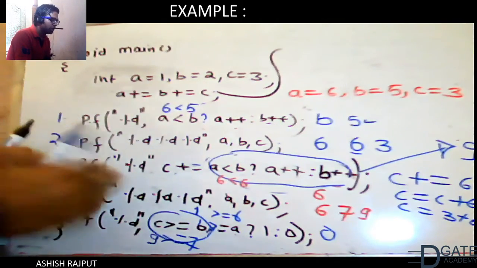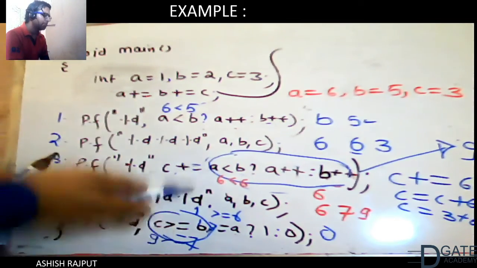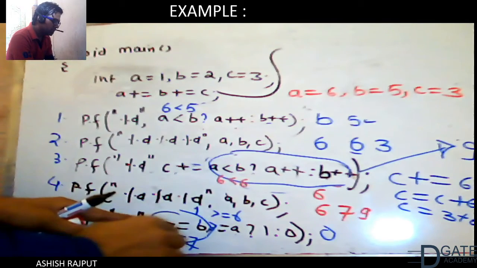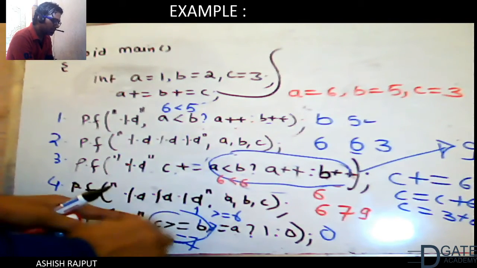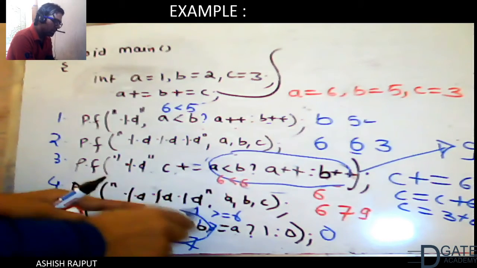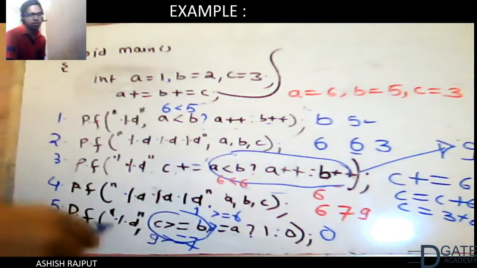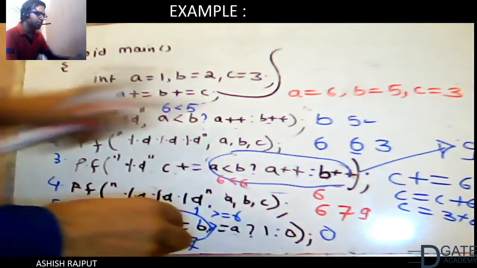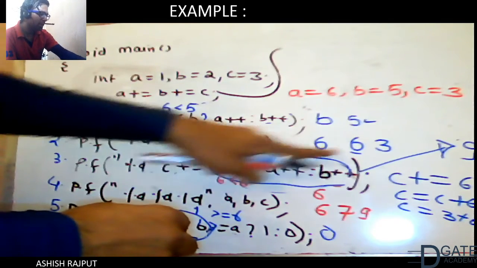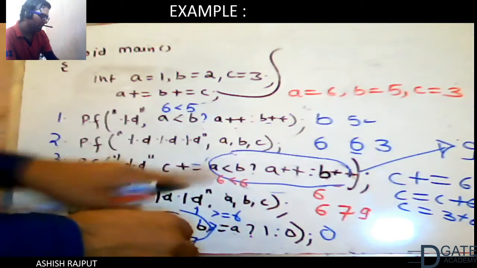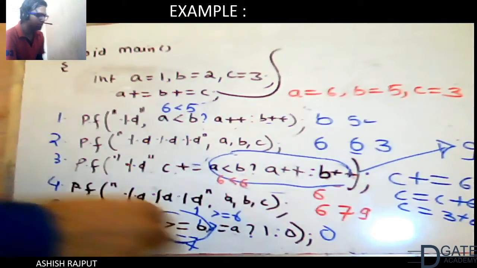C is 9, 9 greater than or equal to 7 returns 1, and 1 greater than or equal to 6 is false, so 0 will be returned. So the answers will be: 5 for the first printf, second printf 663, third printf 9, fourth 679, and last 0.